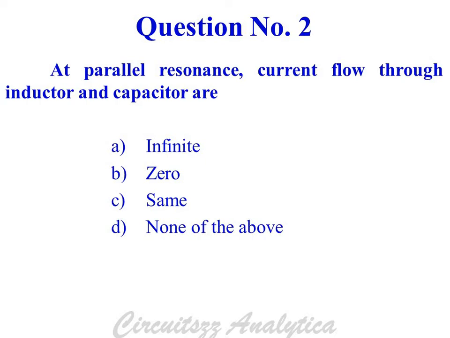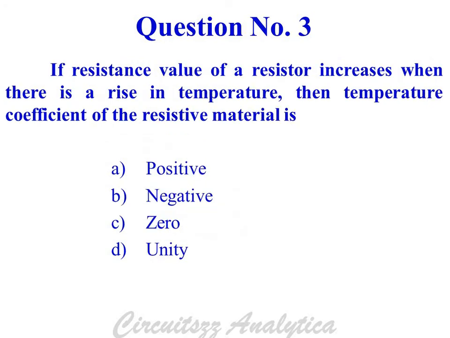At parallel resonance, current flow through inductor and capacitor are same. If resistance value of a resistor increases when there is a rise in temperature, then temperature coefficient of the resistive material is positive.